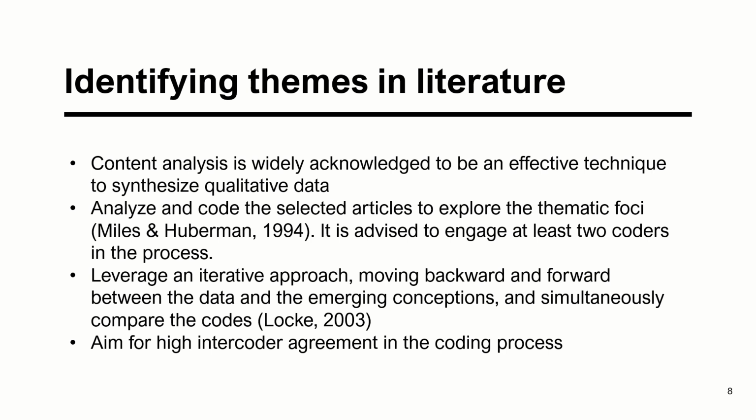So you can arrive at a certain level of intercoder reliability, which makes it more reliable and more transparent. Do it in an iterative way, where you're going back and forth between the data and the emerging themes and categories, and compare the codes. The intent here should be to aim for high intercoder agreement in the overall coding process.